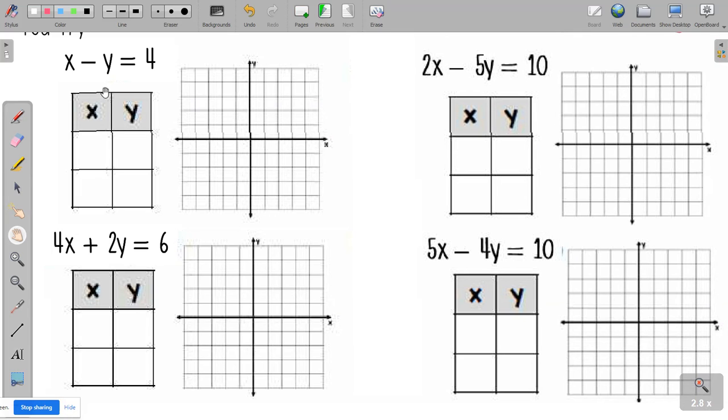Okay, let's look at the next problem. We have x minus y equals 4. Substitute 0 in for x. So 0 minus y equals 4. So we get negative y to equal 4. Divide both sides by negative 1. So y equals negative 4.